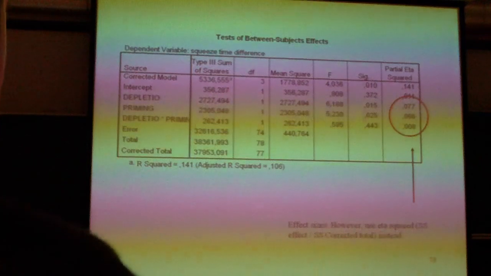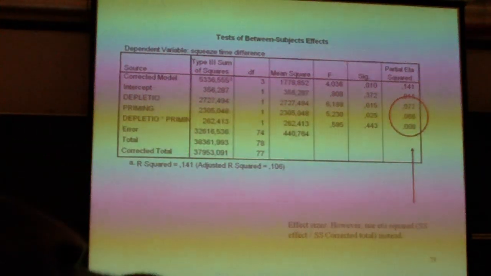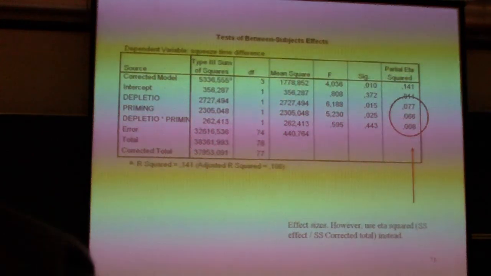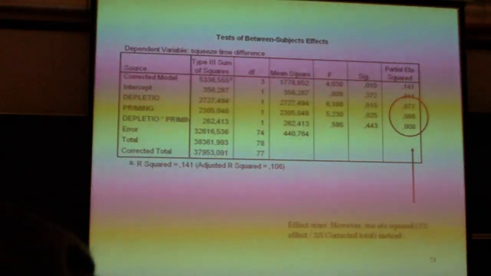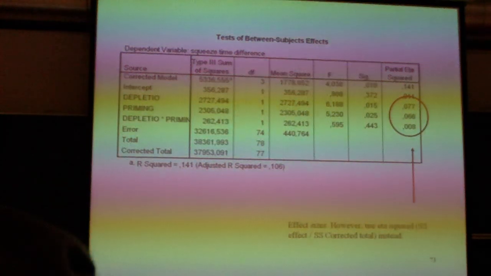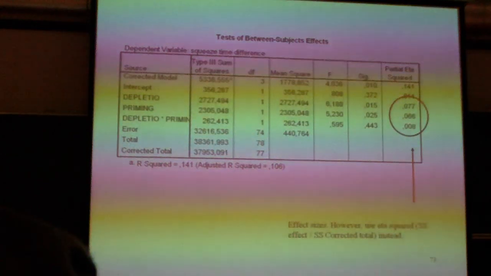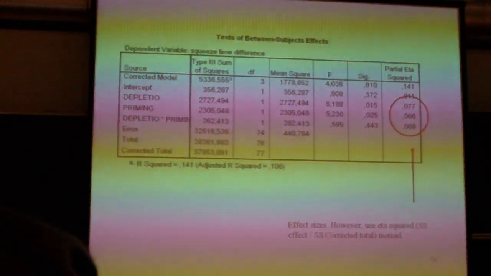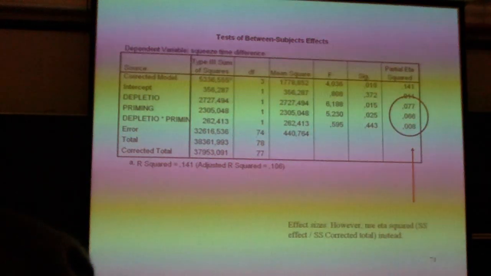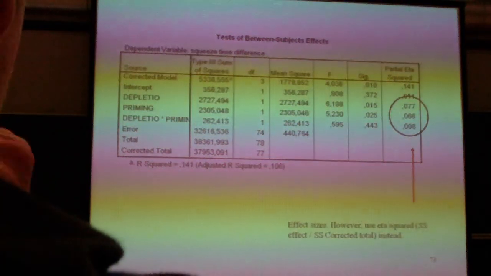Here in the last column, we have a measure of effect size. In this case, it's called partial eta squared. By convention, if you have a value of 0.01, you can say you have found a small effect. 0.06 would be a medium effect, and 0.14 would constitute a large effect.